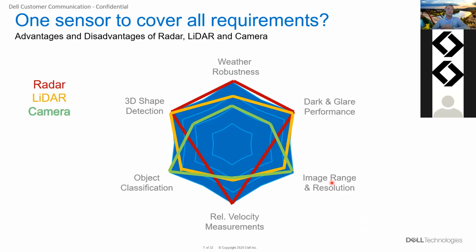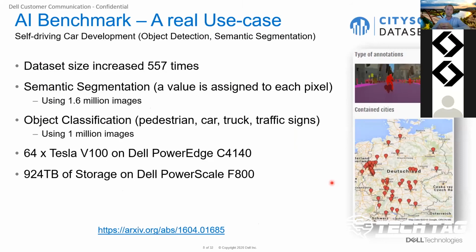So it's important to understand that we don't really have one sensor to cover all the requirements. You have to use a combination of different sensors, and the automotive industry is also moving over to thermal imaging devices in order to get another sensor in place, and also ultrasonic sensors.